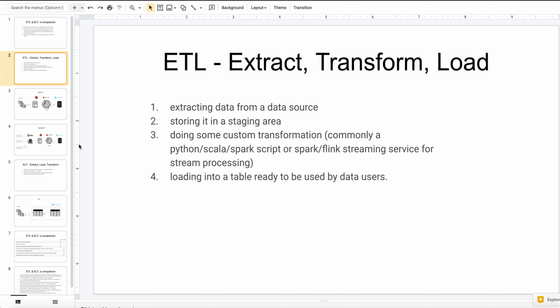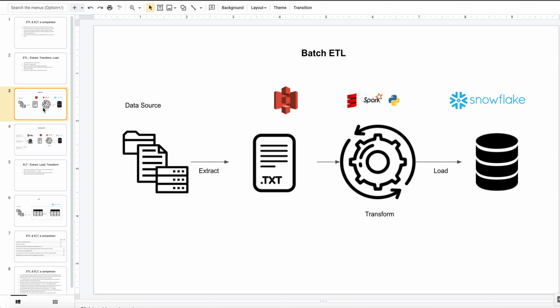So let's look at two of the most common types of ETL. Type 1 is batch ETL, which refers to running this data pipeline as a batch, meaning every scheduled interval. It can be an hour, it can be 30 minutes, a day, a week, whatever is your constraint.